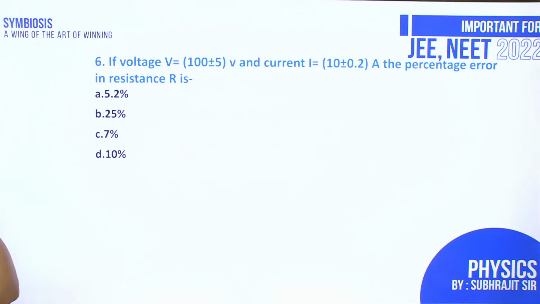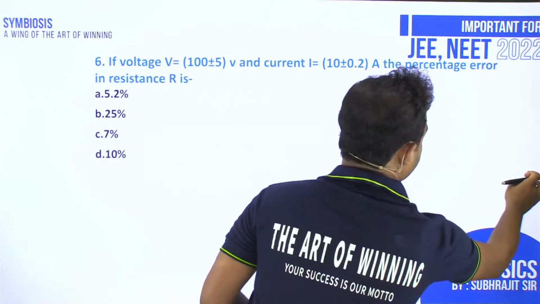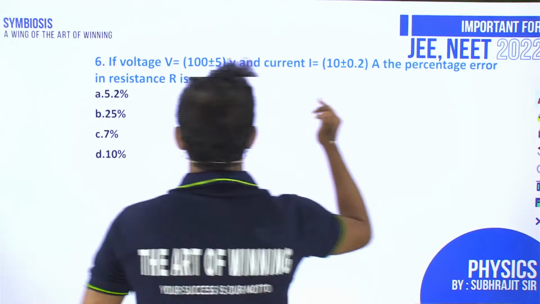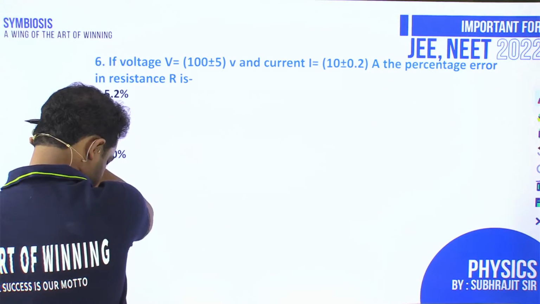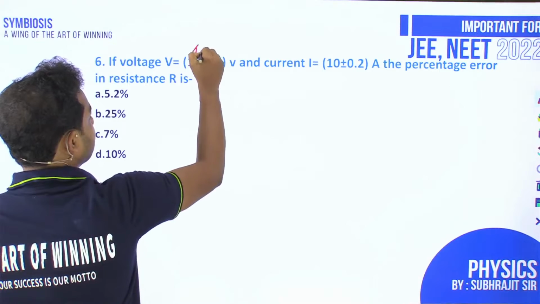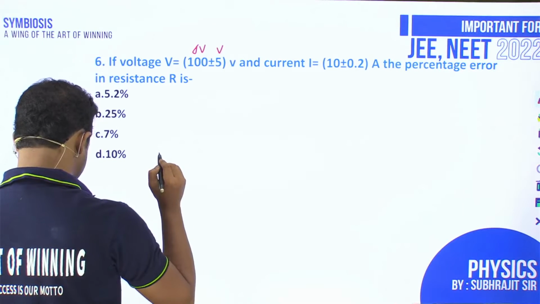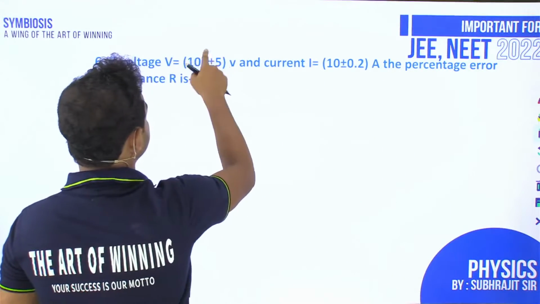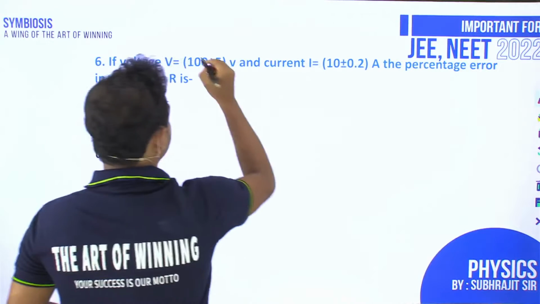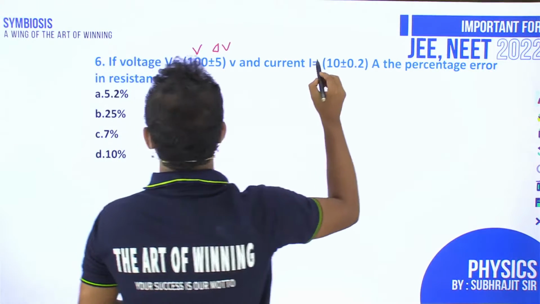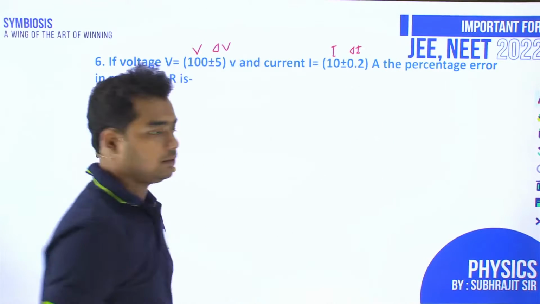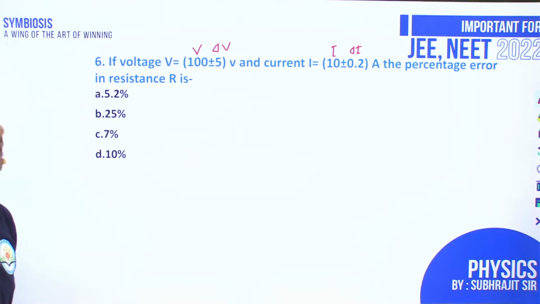Here V and I are already given. That means this one is V, del V, and this one is I, del I. These quantities are already given.